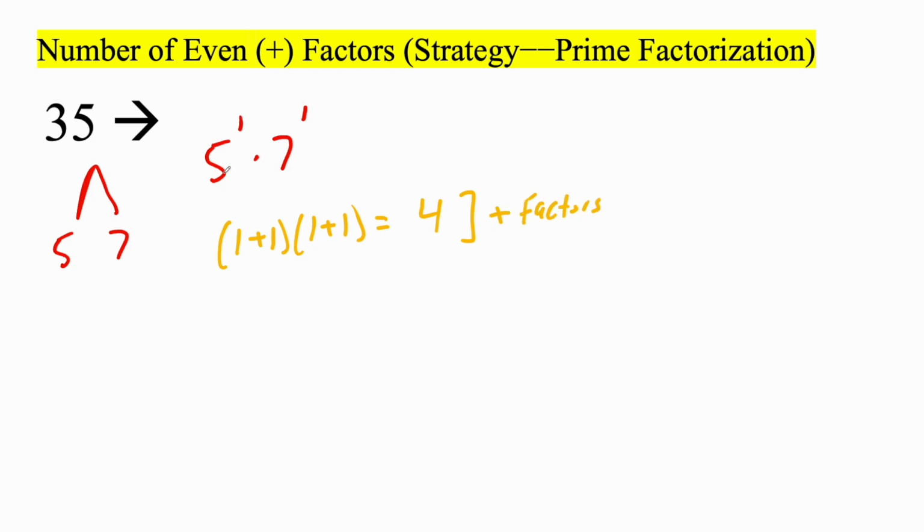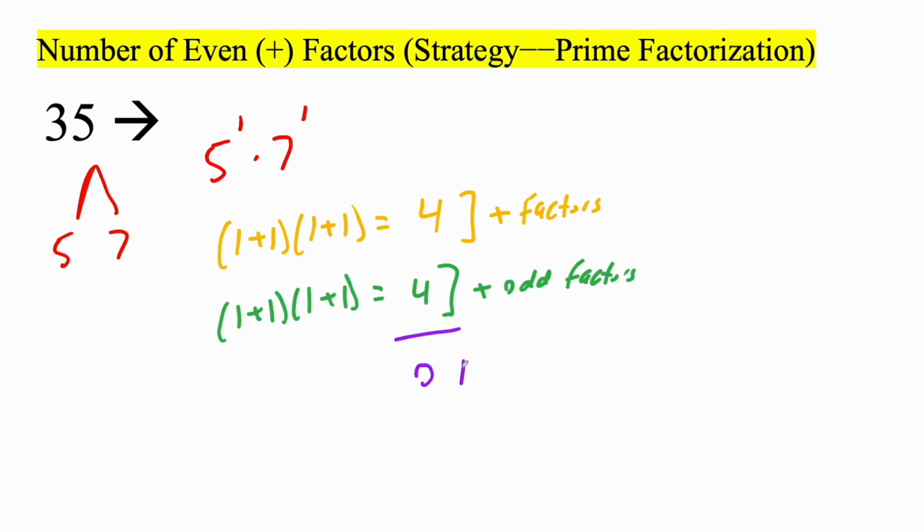Now, both of these numbers are odd. 5 and 7 are both odd. So to know the total number of odd factors, all we're going to do is take our 1, add 1, then do the other piece. Take your 1, add 1, and we get 2 times 2 is 4. So this tells us we have 4 positive odd factors. And so if we subtract, we get 0 positive even factors.